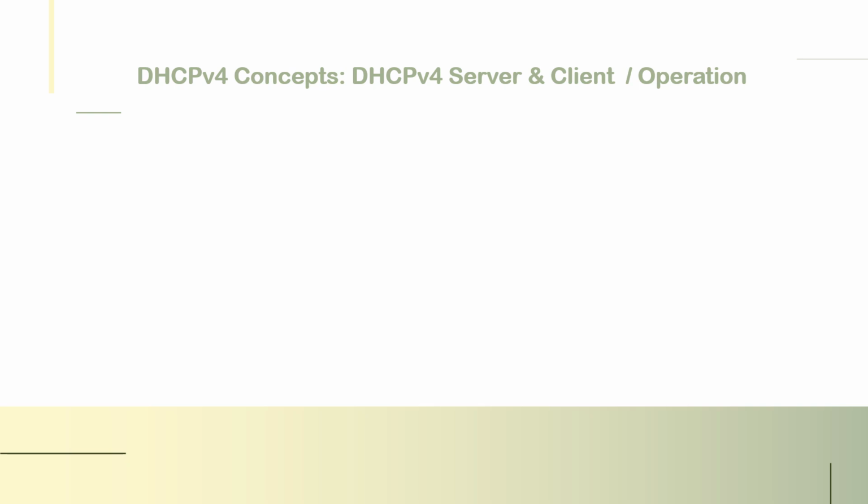Dynamic Host Configuration Protocol assigns IPv4 addresses and other network configuration information dynamically. Because desktop clients typically make up the bulk of network nodes, DHCP version 4 is an extremely useful and time-saving tool for network administrators.